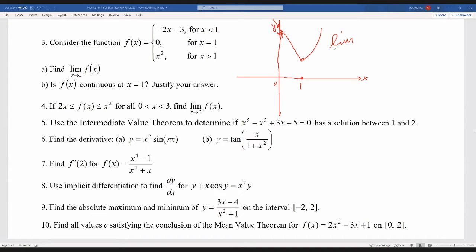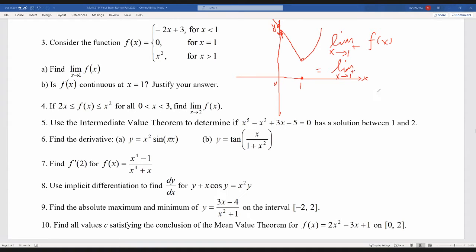First, let x go to 1 from the right side of f(x). So x goes to 1 from the right side, x larger than 1. So you have to use the third piece, right? So it's the limit as x goes to 1 from the right side.